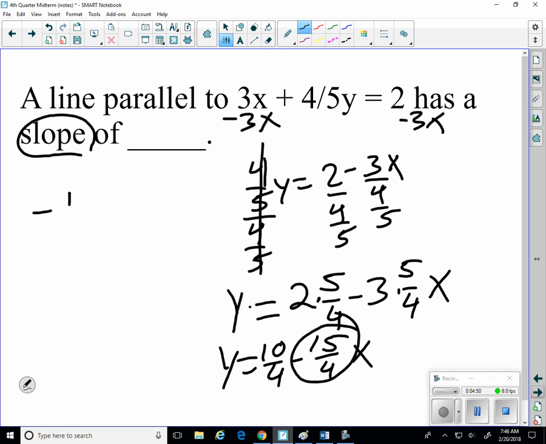So you'd let your calculator take care of the 15 divided by 4. The calculator shows us 3.75. And it's a negative because we had a negative there.